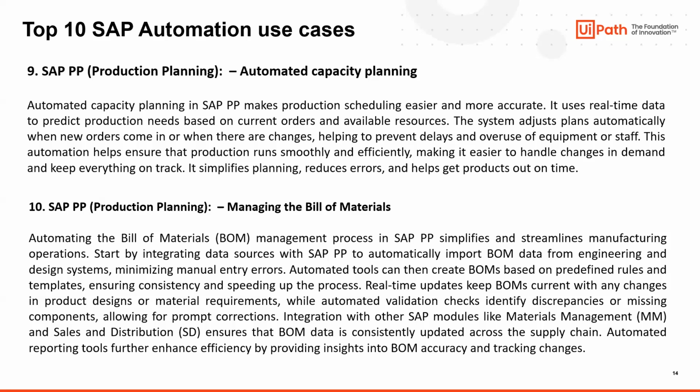I think we already covered one of the use cases around this PP, but capacity planning definitely helps organizations to manage their production needs and keep it up to date, so that there are no misses, there are no errors, and the data is available as per the demand.